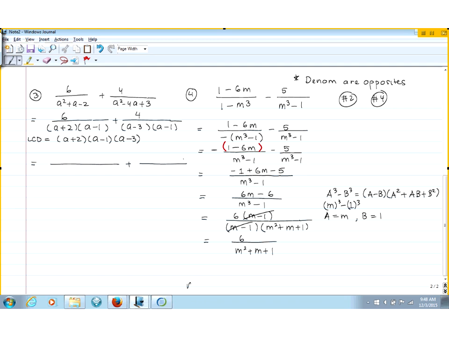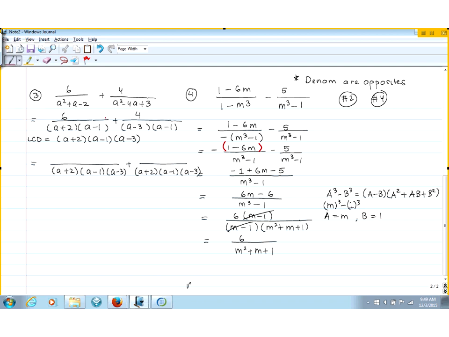So my LCD is A plus 2, A minus 1, A minus 3.